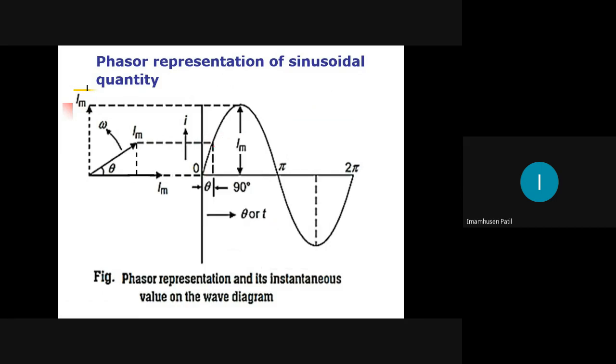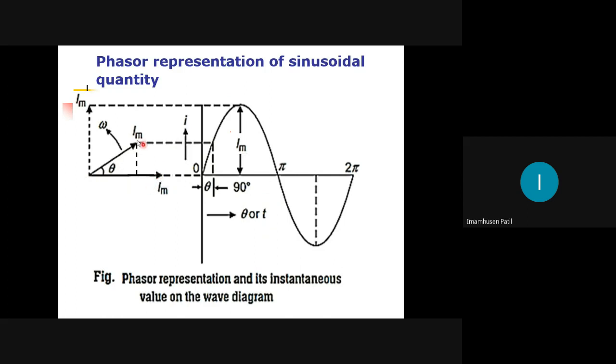Now you can see this is the AC quantity. It can be simply represented with this vector. Now I want to find out the value after theta degree. From here to here it is 90 degree. But after theta degree, what is the value? Then what I have to do: this is the vector Im here.